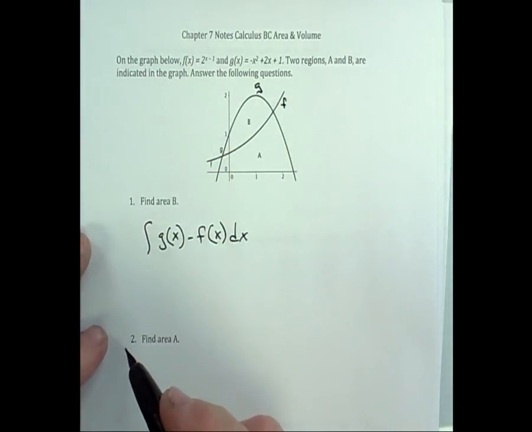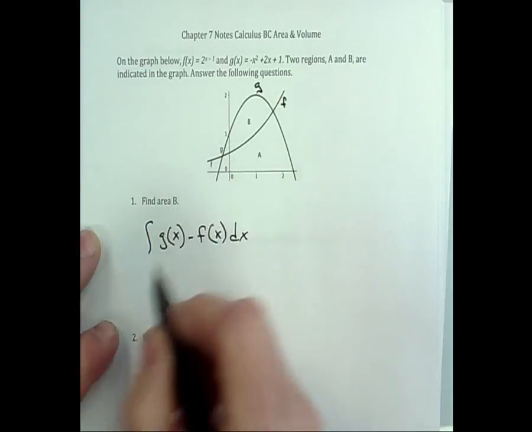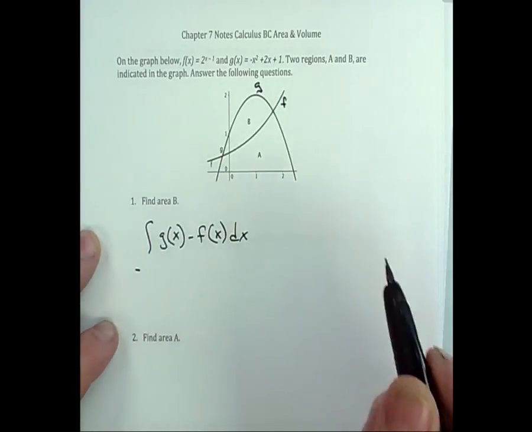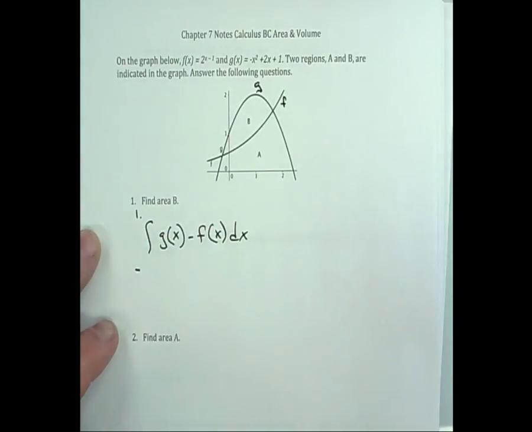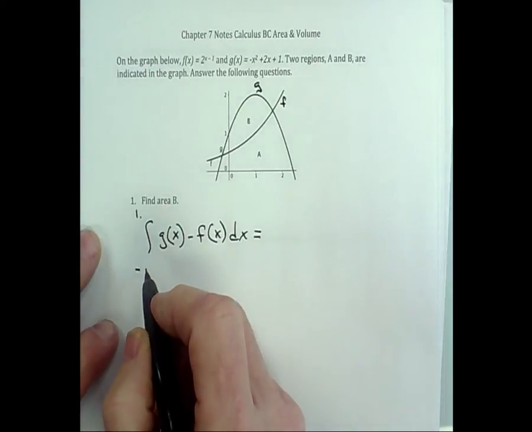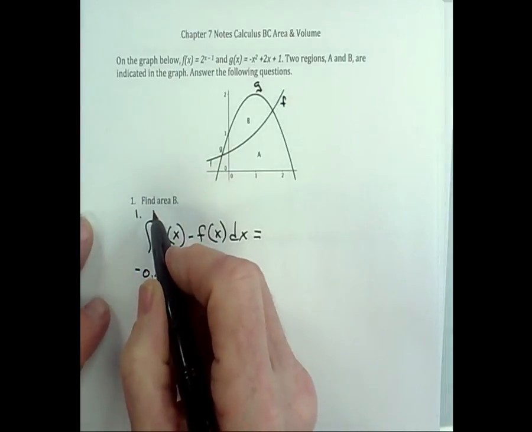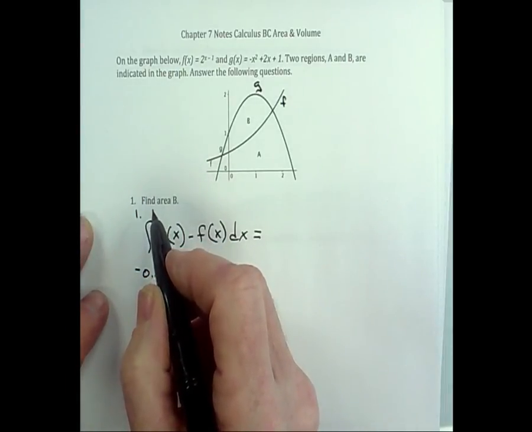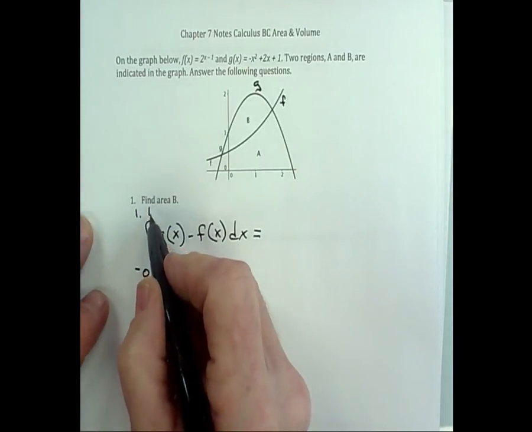Don't you have to have the integral of the intersections? Yeah, that's what we're talking about. What's the intersection? This must be negative, and this must be 1 point something. I got negative 0.258 for one, and 1.653 for the other.